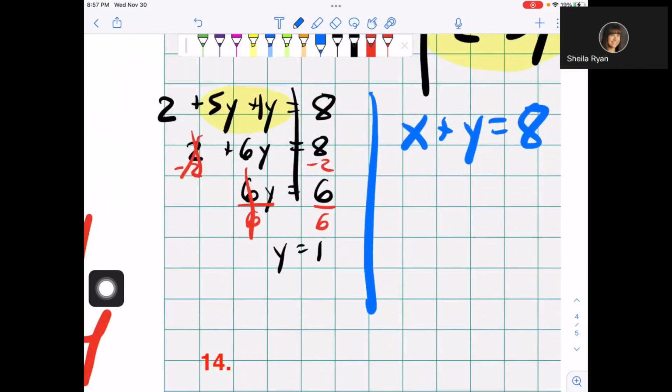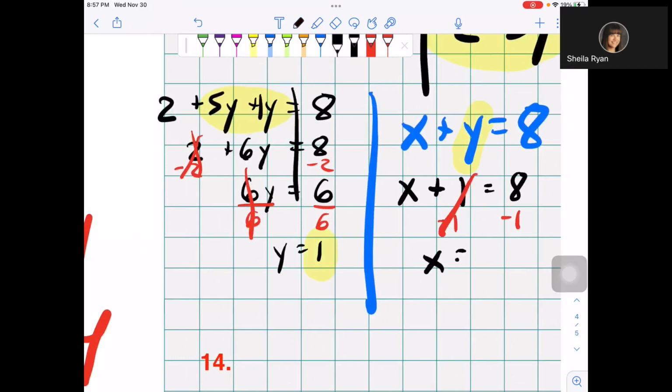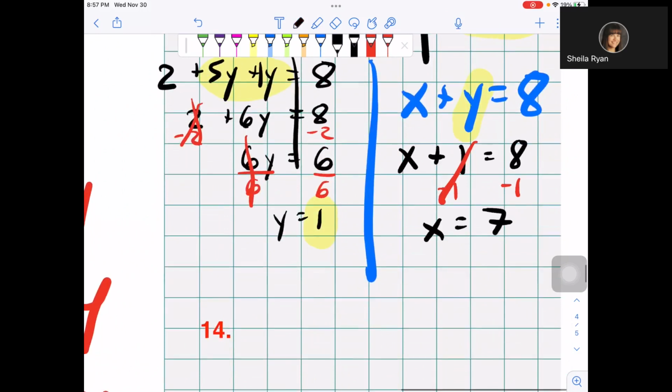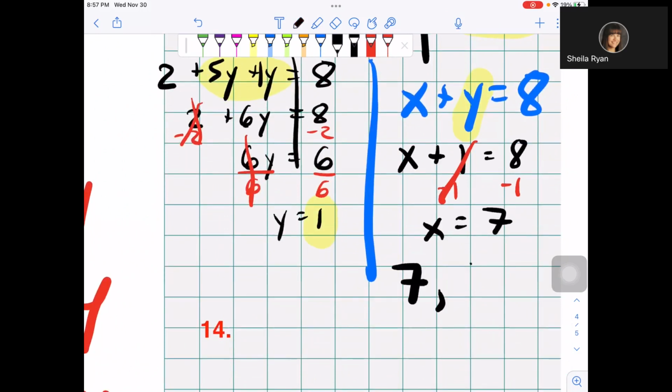Since we found out that y is 1, we're going to put that into the formula for y equals 1. So x plus, we know that y is 1. And then we just have to solve that equation, which would be minus 1, minus 1. And we get x equals 8 minus 1 is 7. So our x value is 7, our y value is 1.